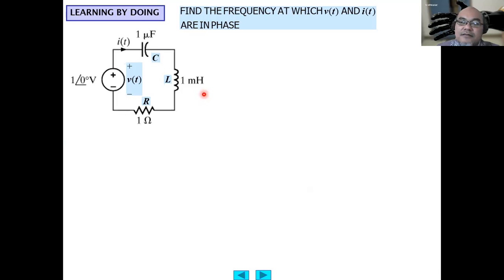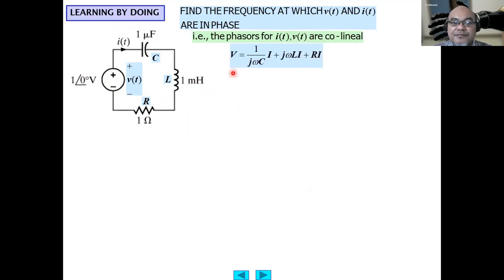It means Vc and VL should have the same value, right? They cancel each other. So for example, if Vt here is 1 with a phase angle of 0 degrees, and capacitance 1 microfarad, inductance 1 millihenry, resistance 1 ohm, the phasors It and Vt are collinear.